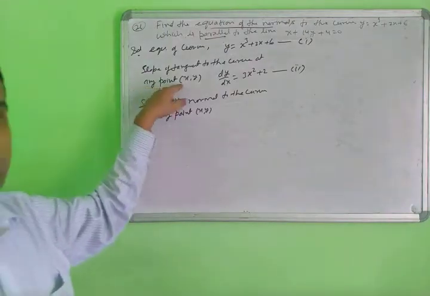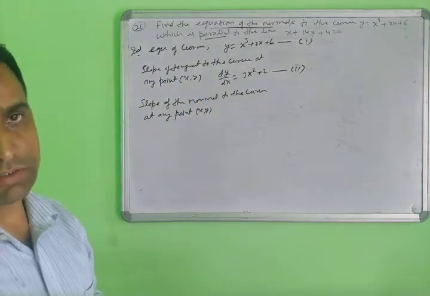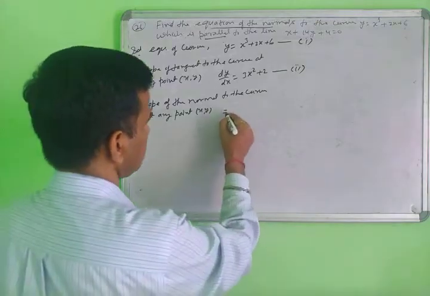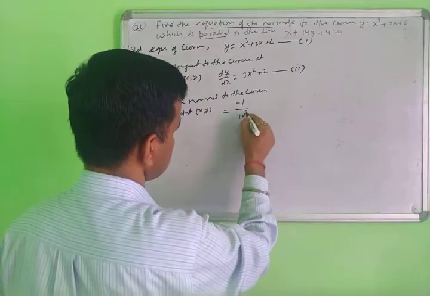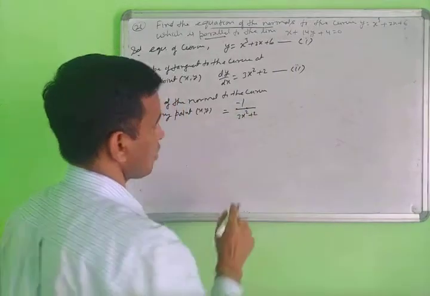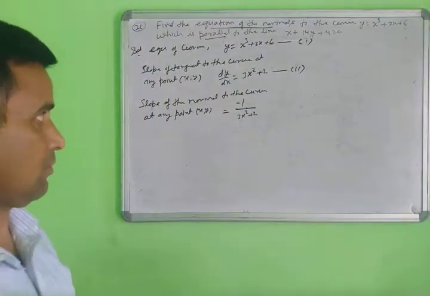The relation of the slope of the tangent and slope of the normal: the slope of the normal is the negative reciprocal. So this will be minus 1 upon 3x square plus 2. This is the relation of the slope of the tangent and slope of the normal.